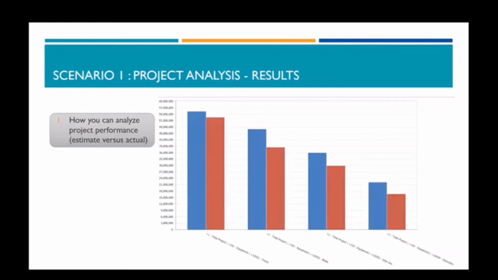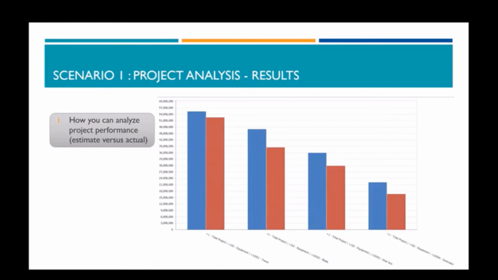Now here I have my report comparing my total costs, estimates versus actuals for the major equipment categories. And I can see here that the actuals have exceeded the estimates in every case. Now we're just focusing here on the Hidden Pass project, and the red bars are my estimates, the blue bars are my actuals.